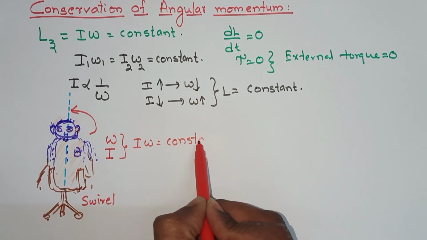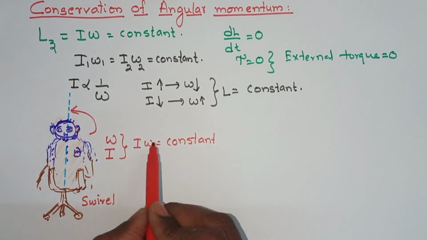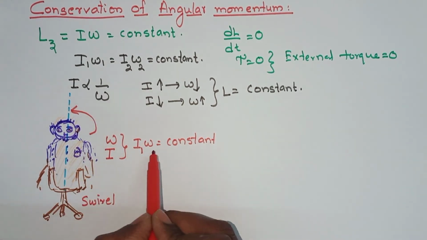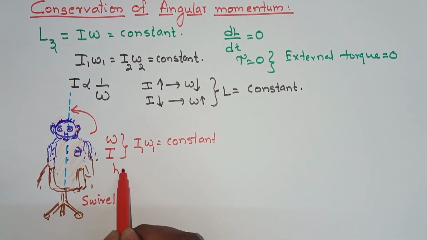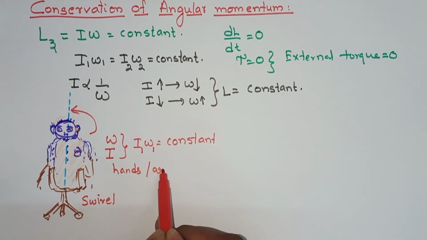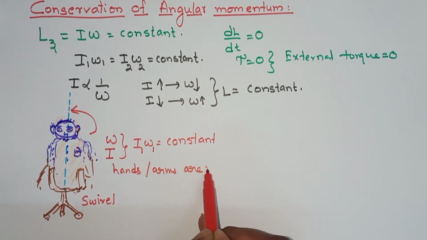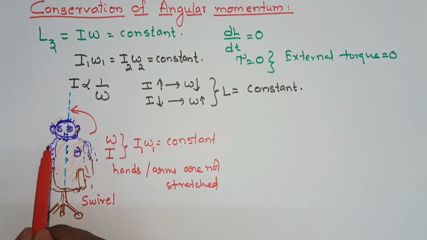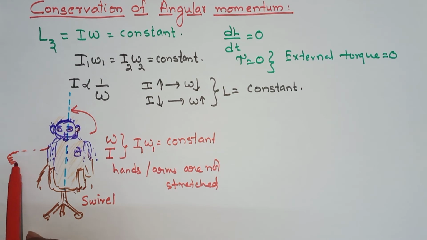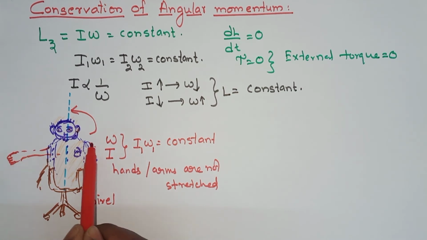If you are considering that first, this I1, speed is omega 1, right? Hands or arms are not stretched. When the arms or hands have been stretched like that, what happens?